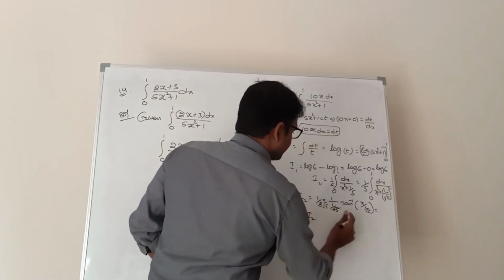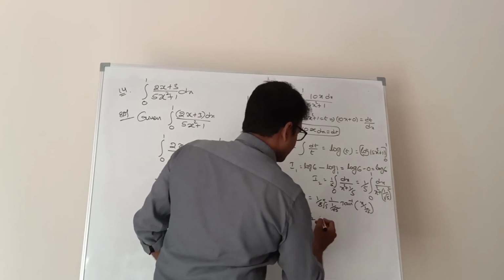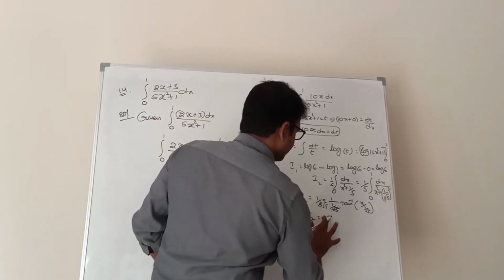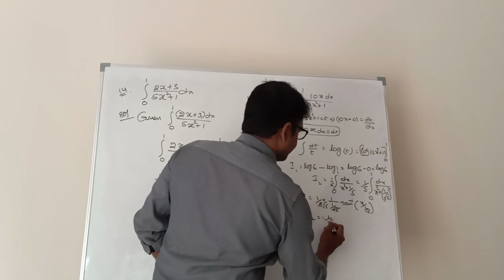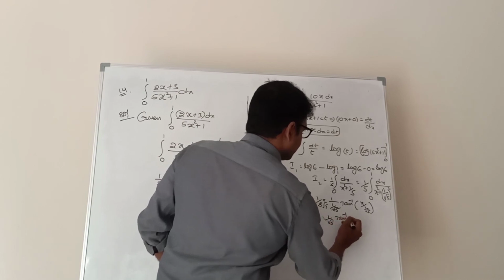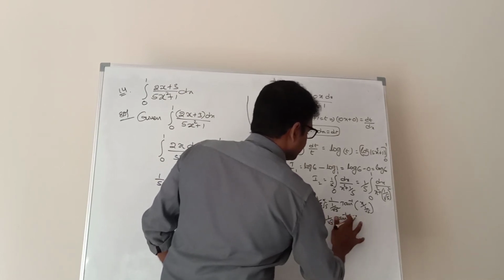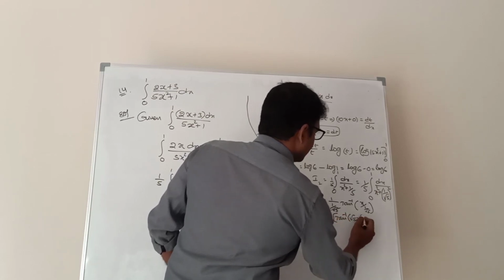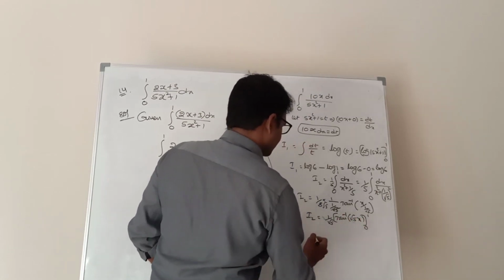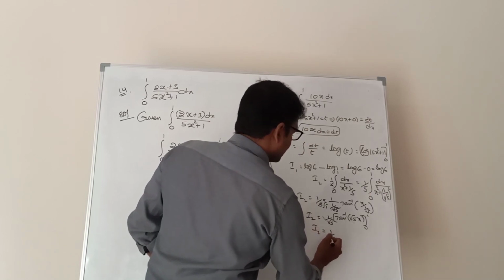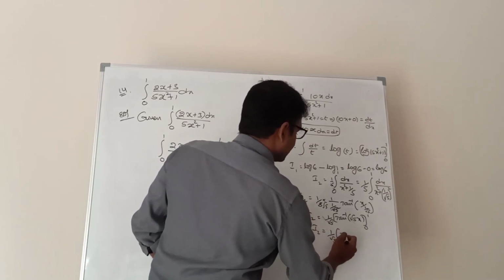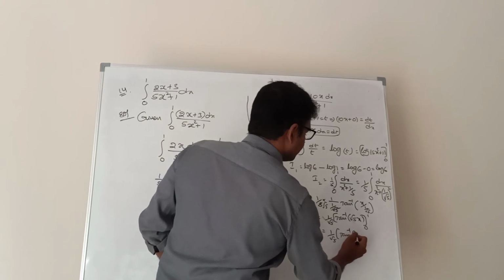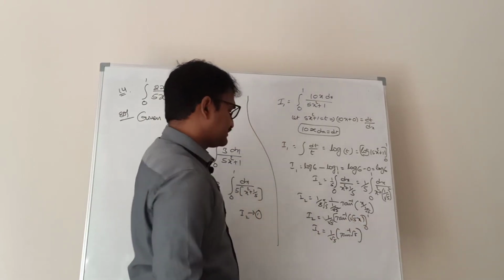So I2 is equal to 1 by root 5 into tan inverse of x by 1 by root 5, that means root 5 x. Lower limit 0, upper limit 1. So I2 is equal to 1 by root 5 into tan inverse of root 5 minus tan inverse of 0, which is 0.